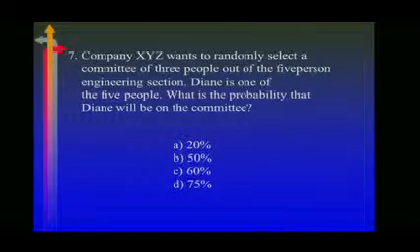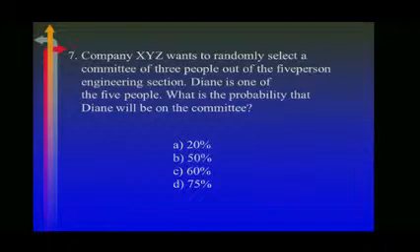So the question is, let's take a pause a little bit. There's a total of 5, and the committee consists of only 3. So we have to look at the total combinations that you can form with 3 on a committee, out of 5, selecting 3. That is the number of combinations you have.